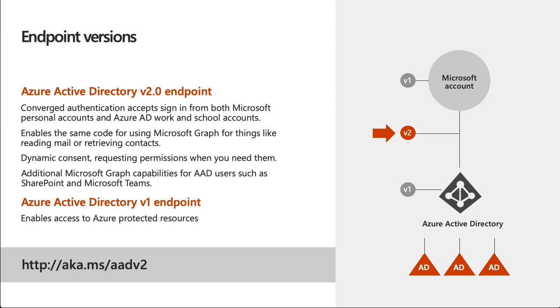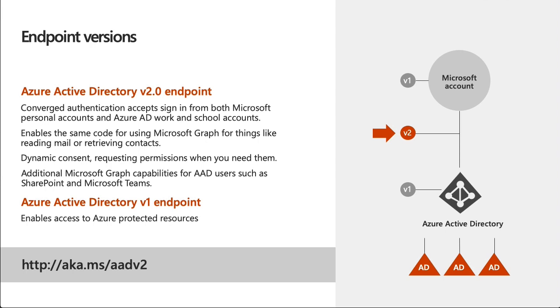So that's one downside, because the V1 endpoint only supported work and school accounts that leveraged Azure AD. The other challenge is that the V1 endpoint required what's called static consent, which meant that every single permission our application was going to need, the user had to grant up front when they first logged in. They had to declare everything at the very first time.